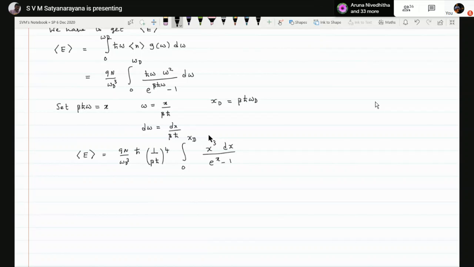Now let us look at the case of a low temperature. If T is low, that means your beta is high, because beta is 1 by kBT.